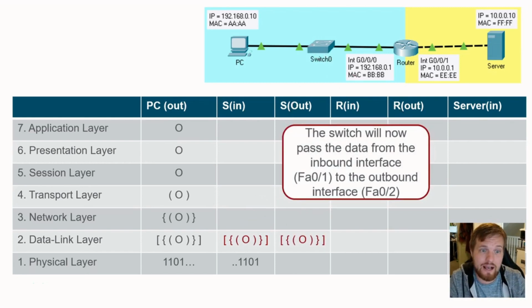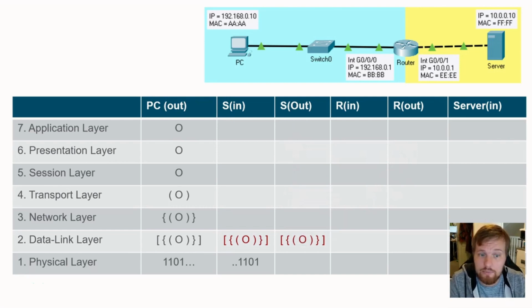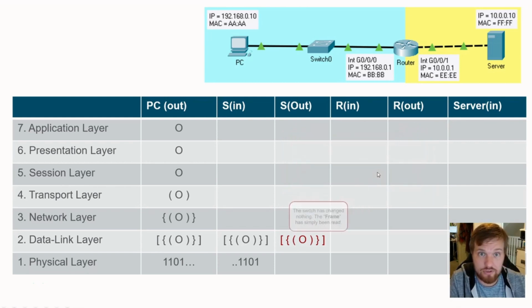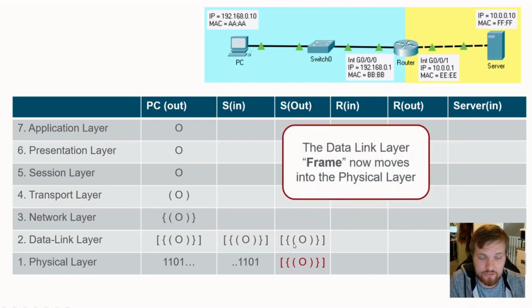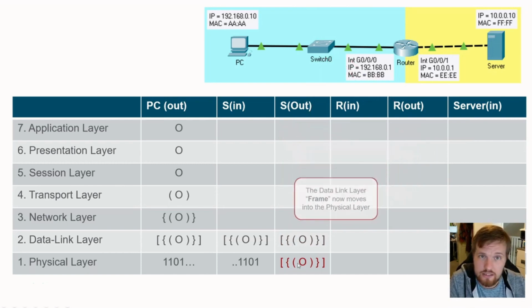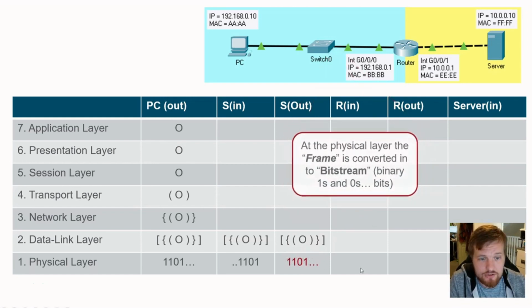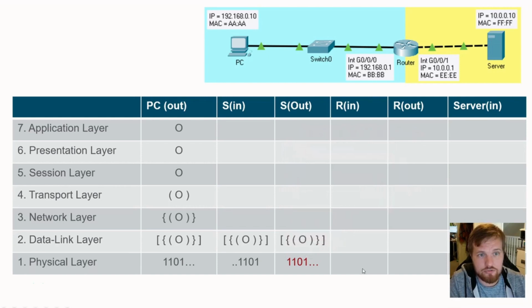It's quite happy to just pass this from the inbound interface to the outbound interface. Nothing's changed. The frame has simply been read at this stage. So the switch did nothing other than read the frame. We move the frame into the physical layer, where it will once again become bit stream, and it's sent along the path and should arrive at our router.